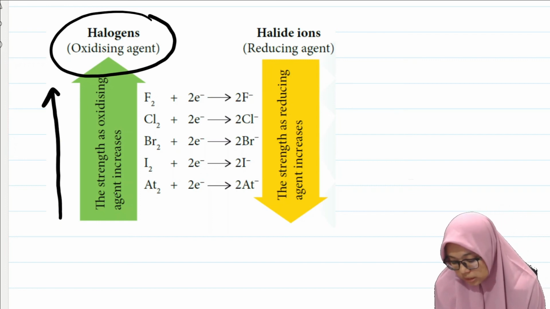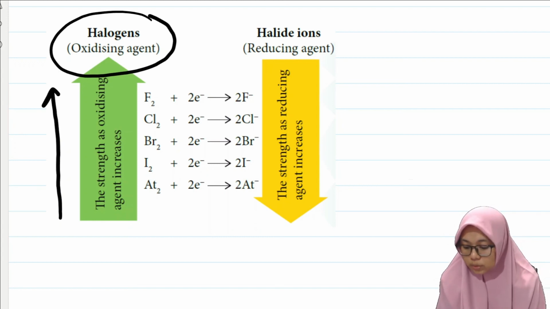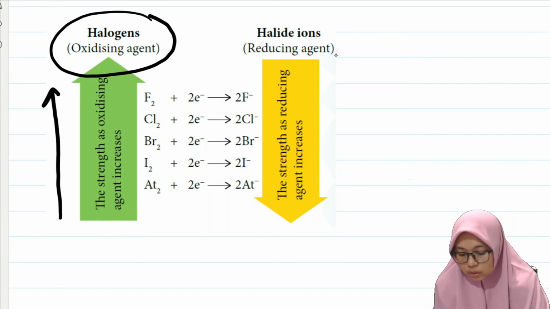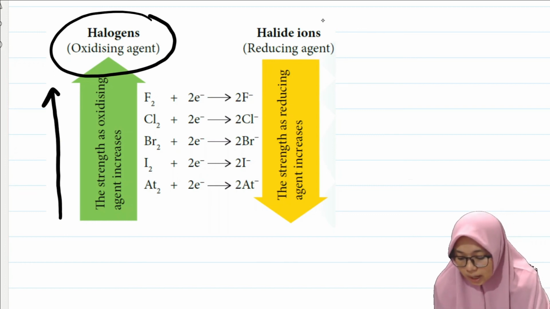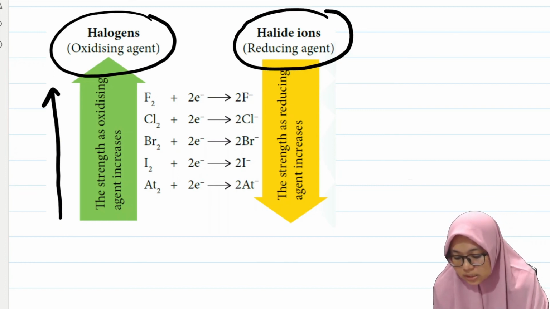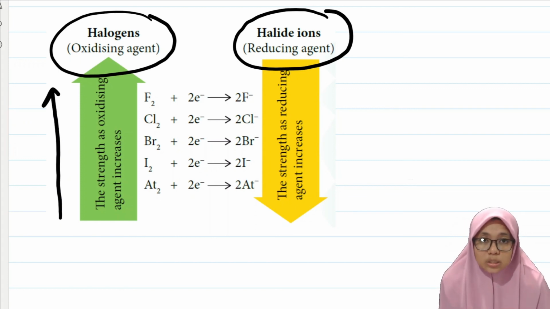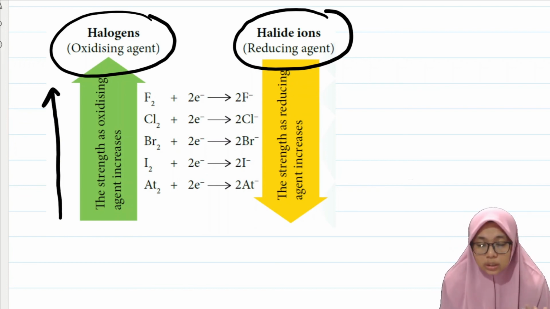So the strength as oxidizing agent increases when going upwards in group 17. When you go downwards in group 17, halide is the reducing agent because halide undergoes oxidation. So the strength as a reducing agent will increase when going down the group.